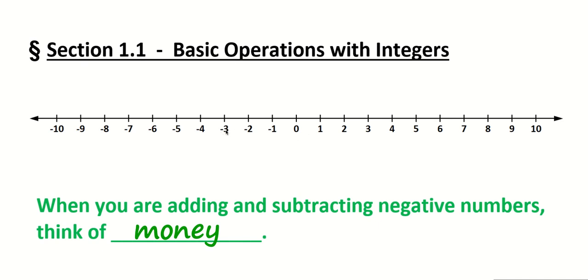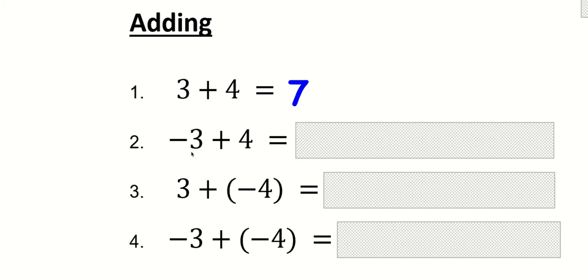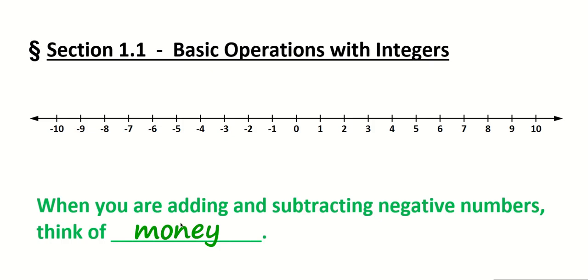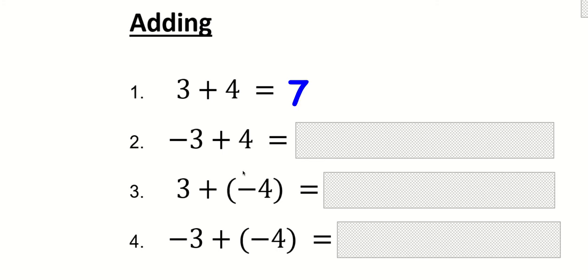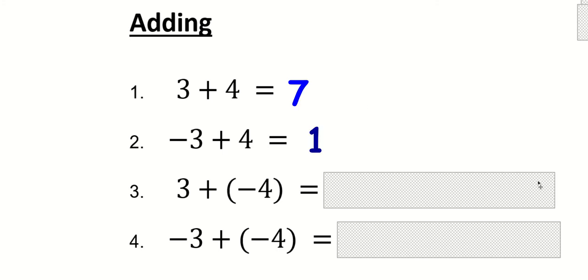If you were $3 in debt and you gained $3, all that would do is get you back to 0, because on the number line, adding is like moving to the right. But here, it's -3 plus 4. So that gets us 1, 2, 3, 4. Now we're $1 to the good.